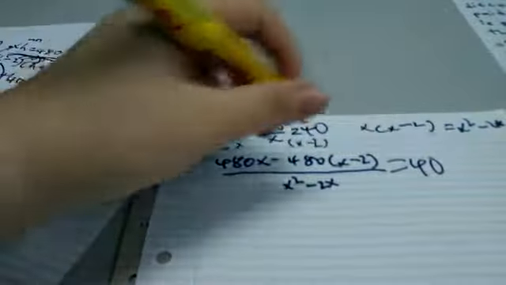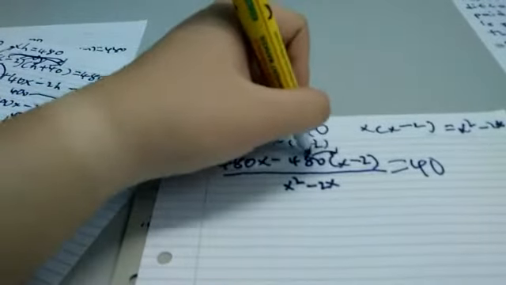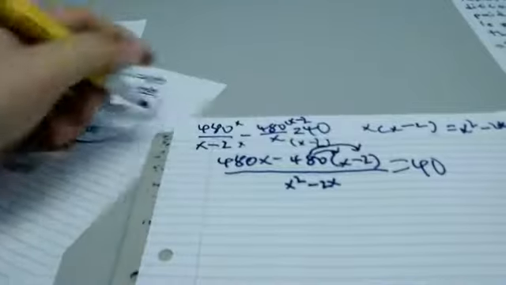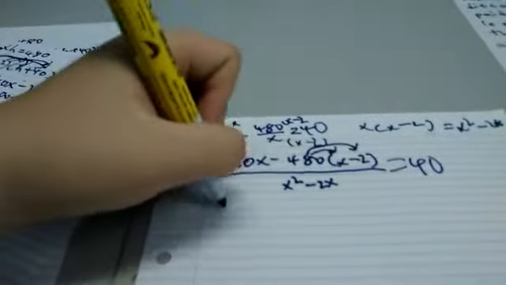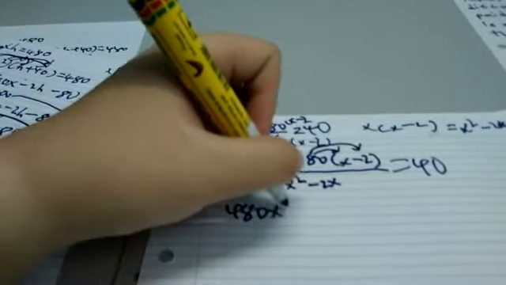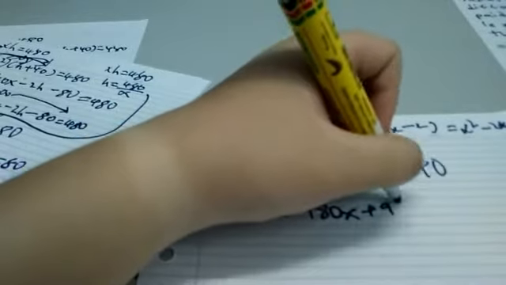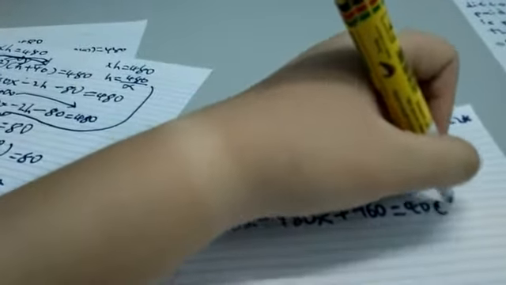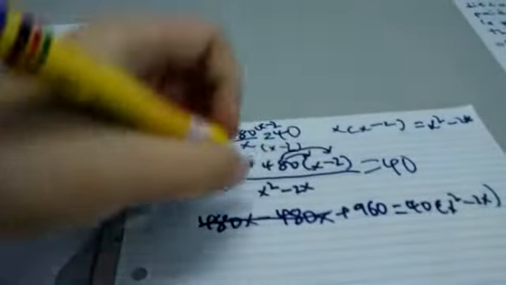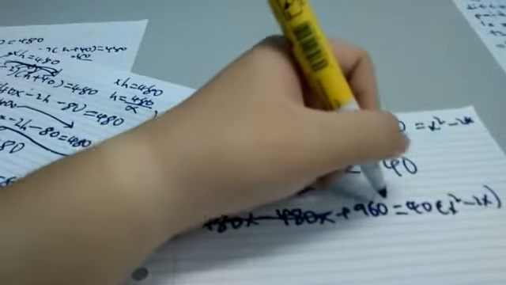Then we multiply and simplify. So negative 480x times negative 2 is plus 960. So 480x minus 480x plus 960 is equal to 40 times x squared minus 2x, and this cancels out, so the remaining is 960.